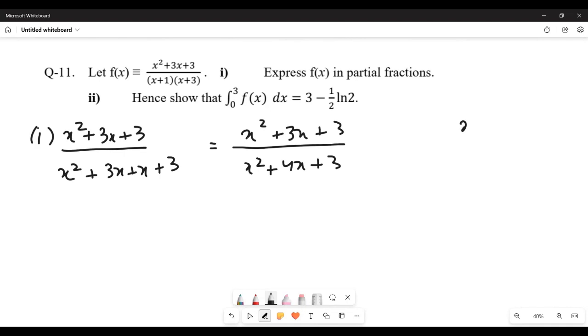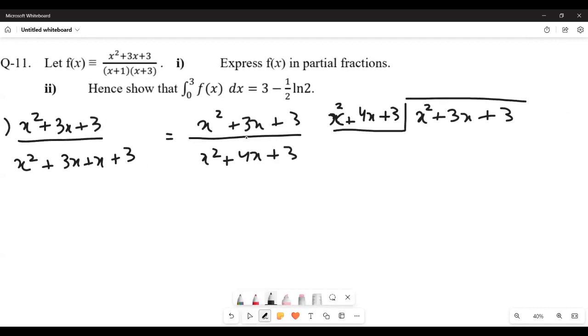So x squared plus 3x plus 3 and x squared plus 4x plus 3. So 1 ही आएगा क्वेश्चन पे. So that's going to give us x squared plus 4x plus 3.